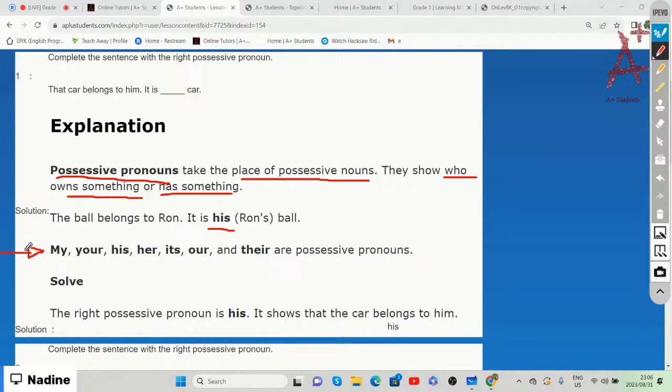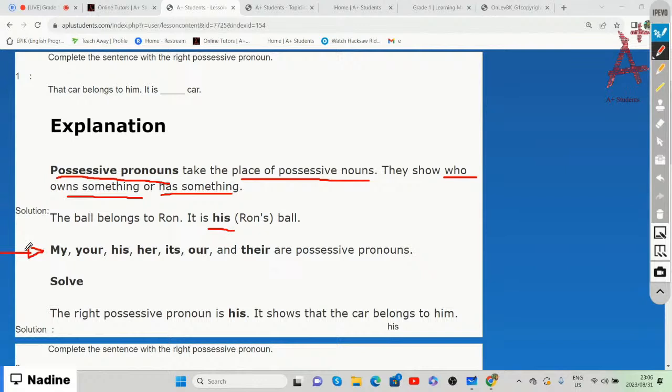These are all possessive pronouns, right? You need to know how or when to use a possessive pronoun within the correct sentence, or basically to replace a name or a noun.